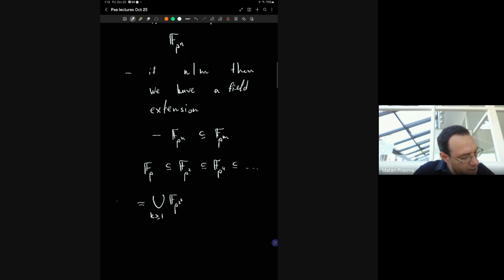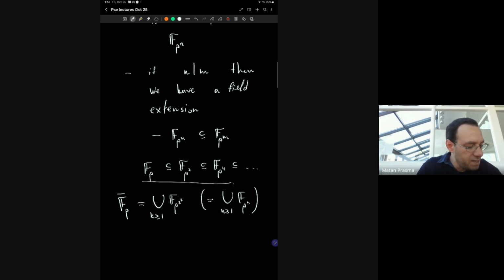And this I call the algebraic closure of Fp. As a set, you can simply think about it as just the union of all Fp to the n, where n is bigger or equal to 1. But the field structure on Fp bar requires that you talk about field extensions, so you need a tower like this.